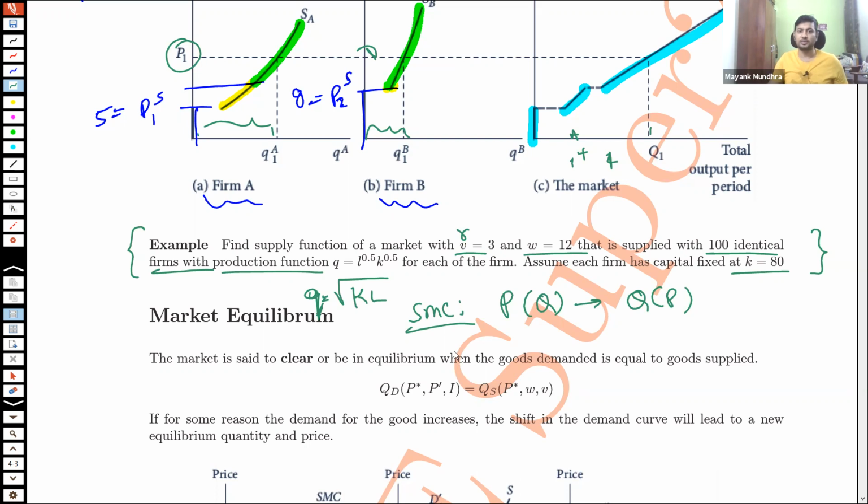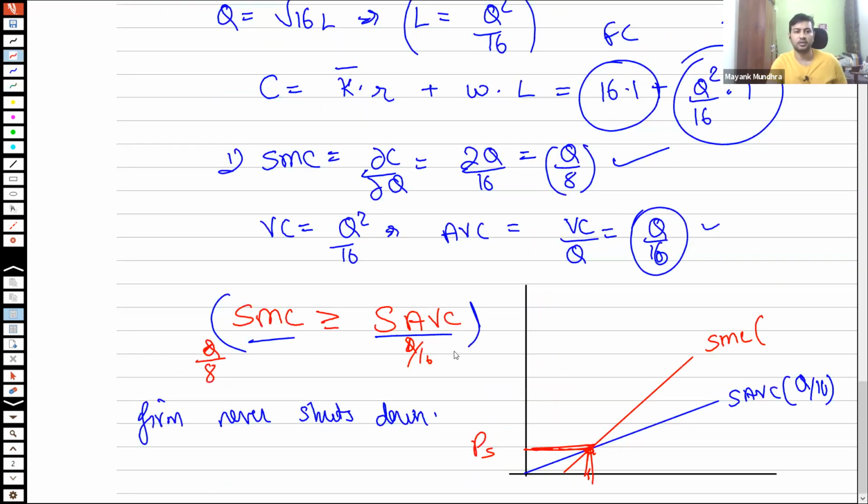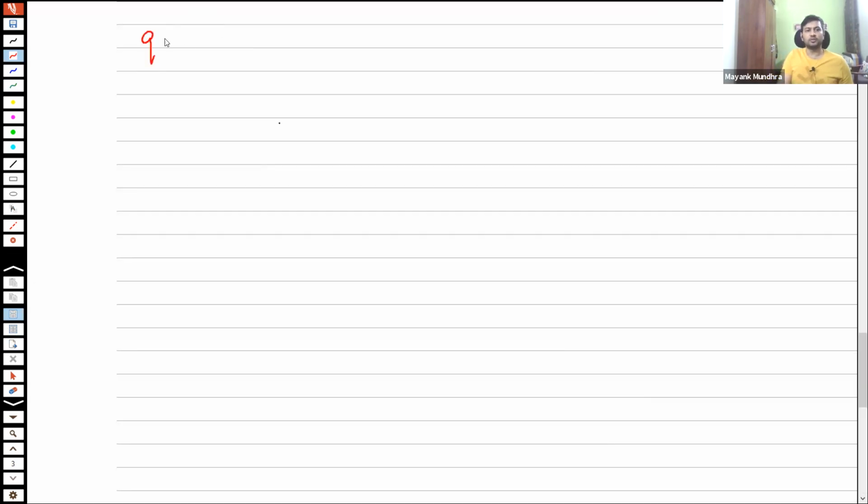Let me write down the details on a separate page. Q equals root KL, rental rate 3, wage rate 12, K bar equals 80.